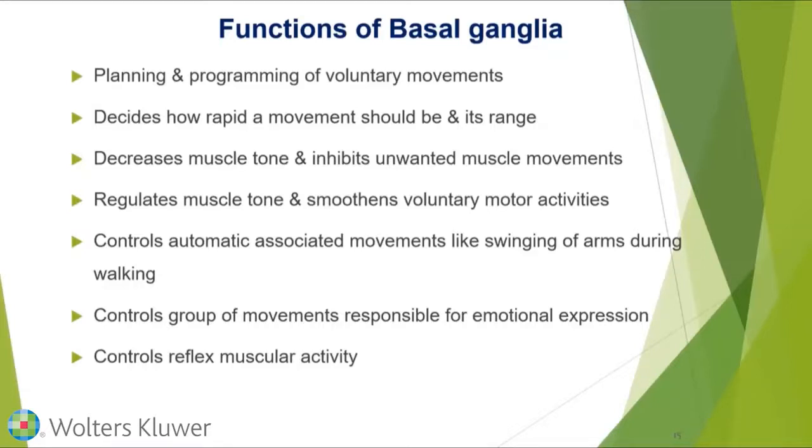For the movement to be smooth and non-jerky, you need normal functioning of basal ganglia. It will coordinate the activities of the other groups of muscles, and smoothly enable you to pick up the target object.